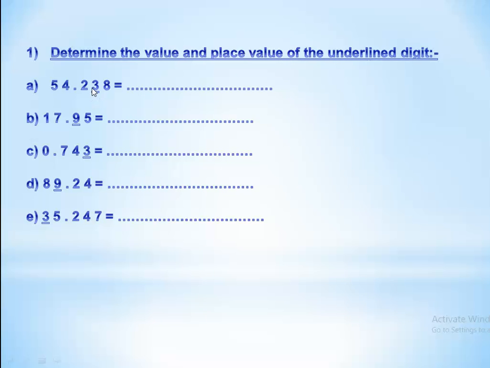Okay, determine the value and the place value of the underlined digits. Here this number is after the decimal point, so its value is 0.03, and its place value is, we know that this is tenth and this is hundredth.